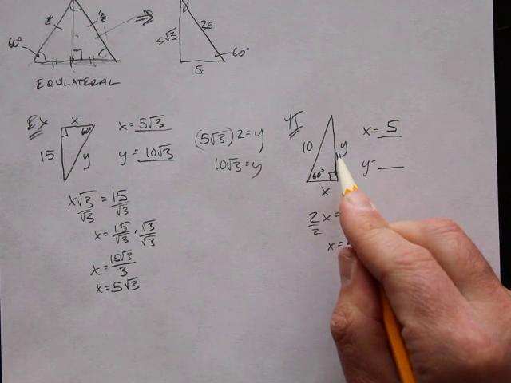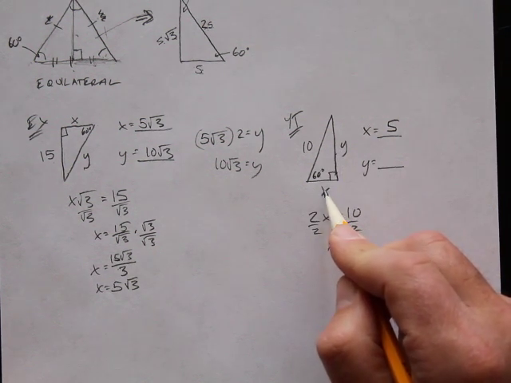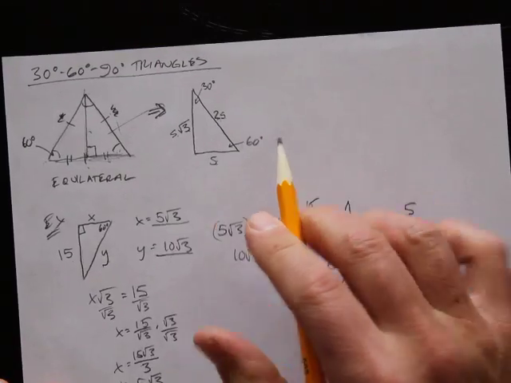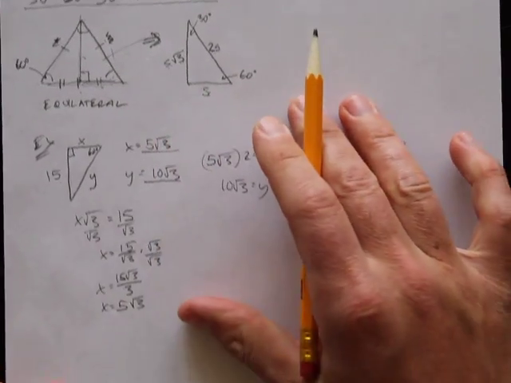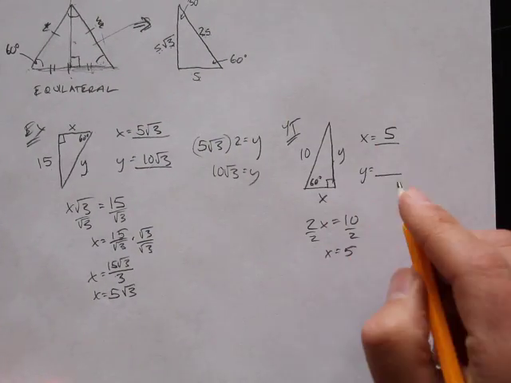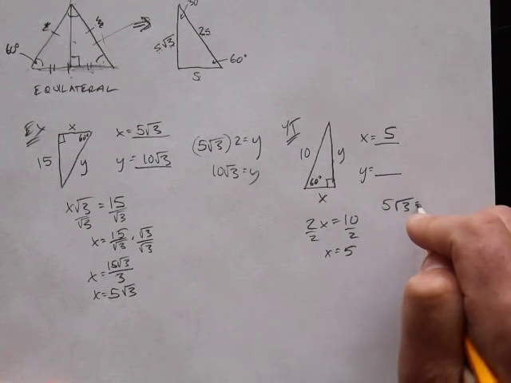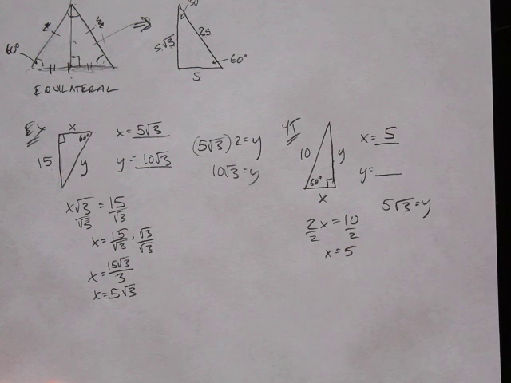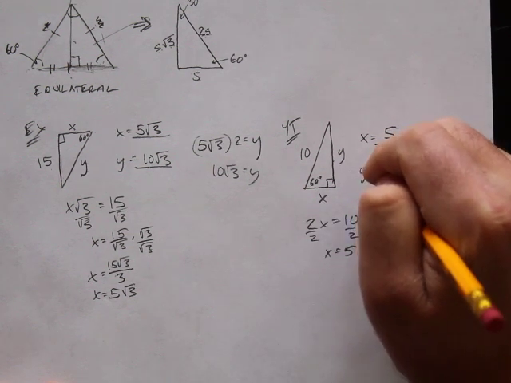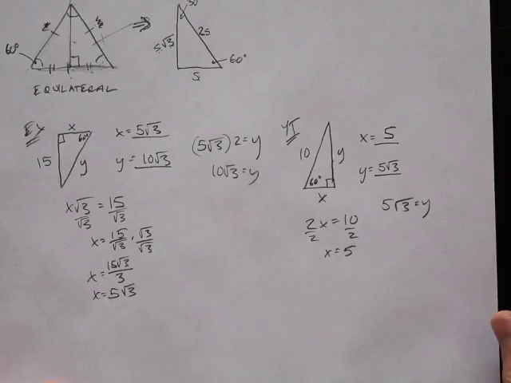And now I know the longer leg is the shorter side times the square root of 3. So I know the longer leg is 5 times the square root of 3 equals Y. And there's nothing I can do to that. That's just the way it is. So 5 times the square root of 3 is my answer for Y.